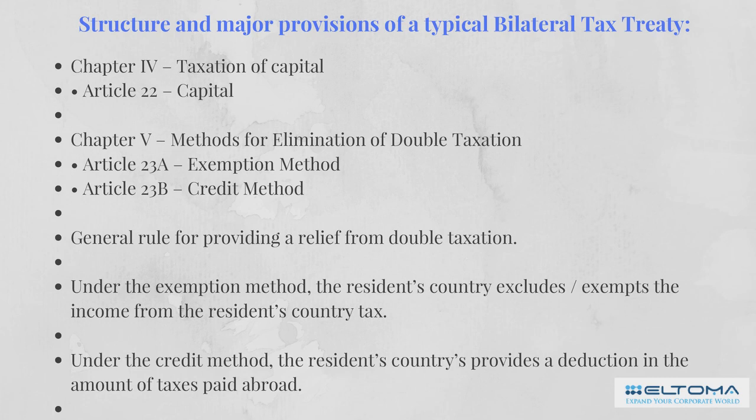Under the exemption method, the residence country excludes or exempts the income from residence country tax. Under the credit method, the residence country provides a deduction in the amount of taxes paid abroad.